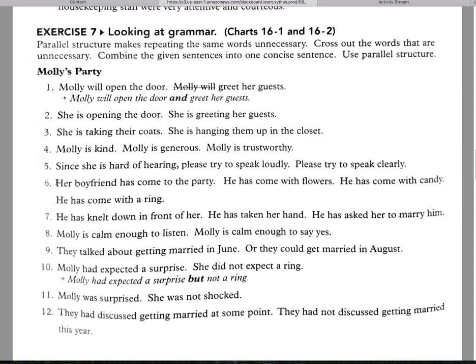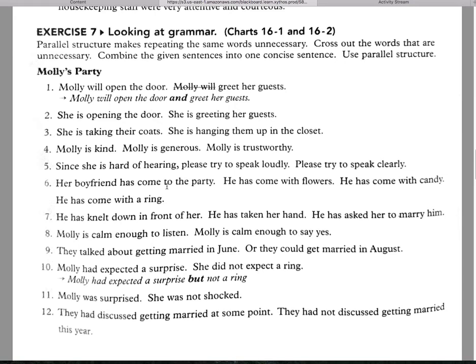Number 6. Her boyfriend has come to the party. He has come with flowers. He has come with candy. He has come with a ring. So here you're gonna have the repeated words, he has come, he has come, he has come. So you're gonna connect them.